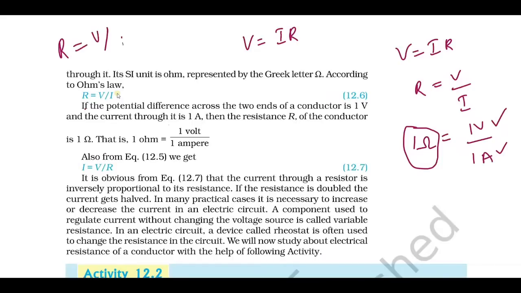V by I. You can see here, R is inversely proportional to I. That means if the resistance increases, the current decreases. If the resistance decreases, the current increases. That means it is inversely proportional. You should know the relationship between the resistance and the current.